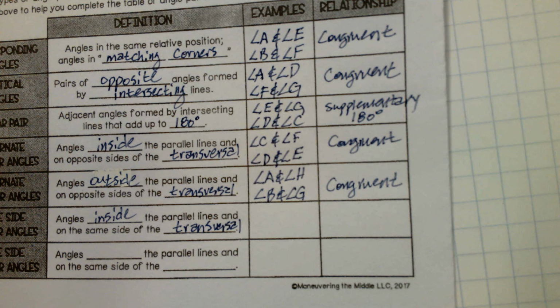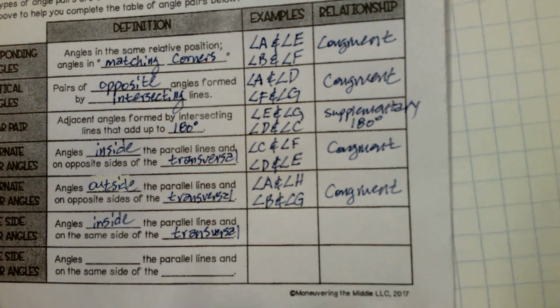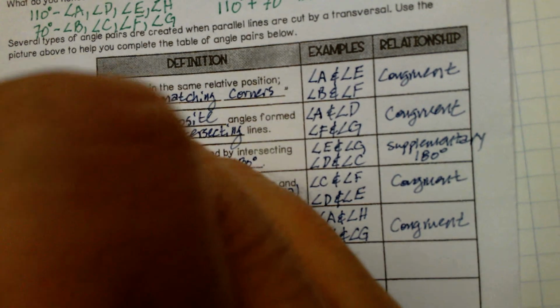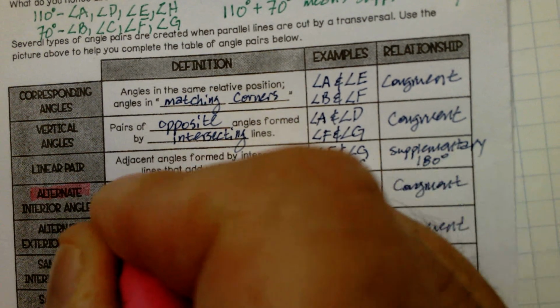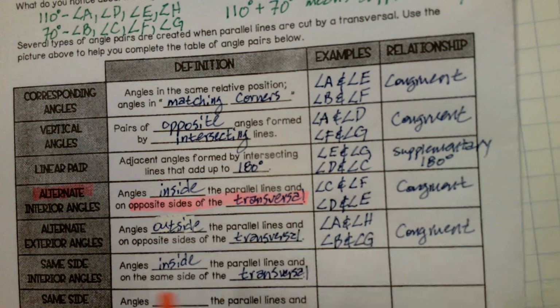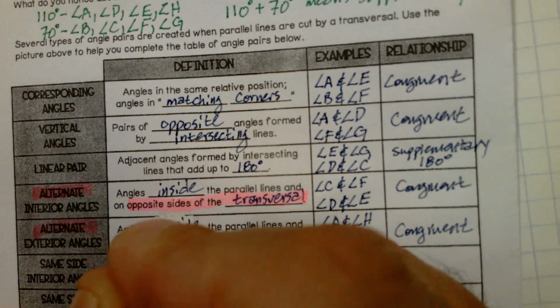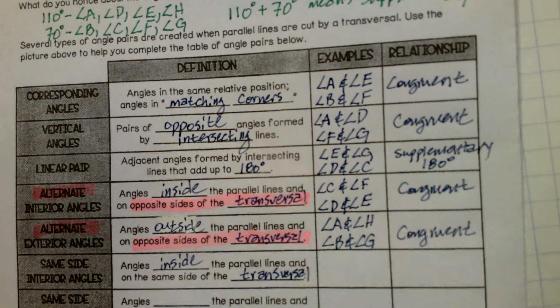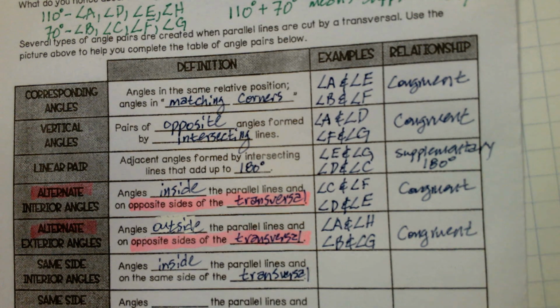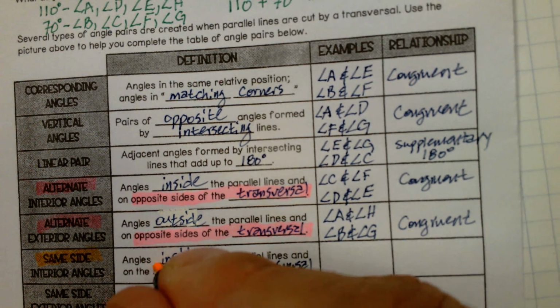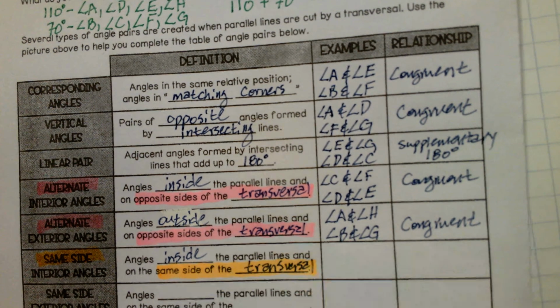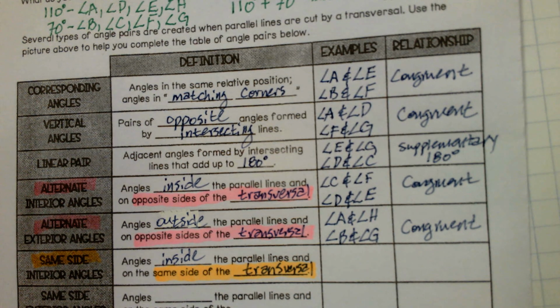Okay, so when it says alternate I want you to make that connection. When it says alternate, it means opposite sides of the transversal. Alternate means opposite sides of the transversal. And obviously, same side is going to mean same side of the transversal. Okay?